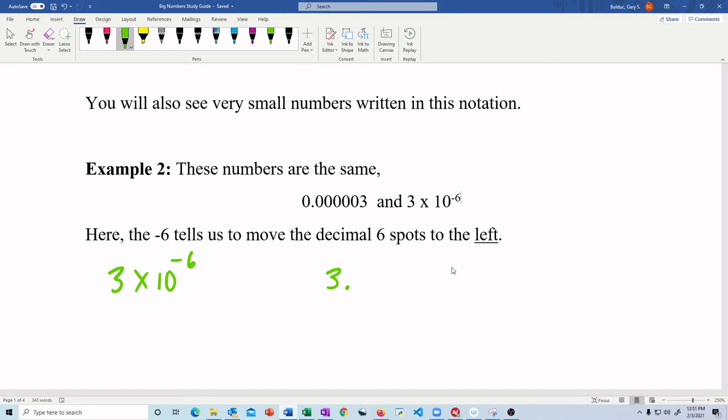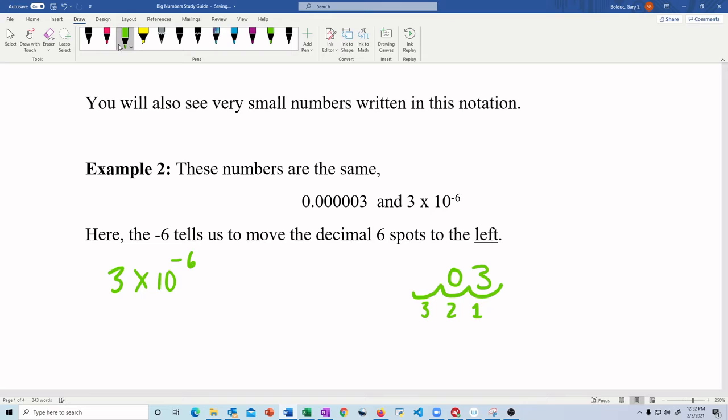Lazy, we don't write it. We start with that decimal point, and then negative 6 means go left. I'm actually going to give myself a little more space here. So negative 6 means move left. Here's my 3. Here's my decimal. Let's go. 1, 2, I need a 0.